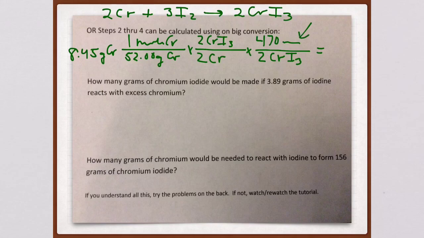Your molar mass of the chromium iodide goes there. And then if you do this all the way across, if you can multiply all the way across and then divide by the bottom, those of course would cancel, so you don't have to do that. You would end up getting the same answer as we did before, except all in one big step.